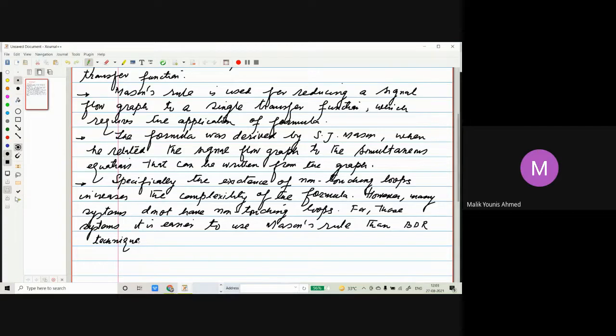So what we are talking about is, for those systems where we do not have the complexity of non-touching loops, it's very easy for us to use Mason's rule instead of the block diagram.